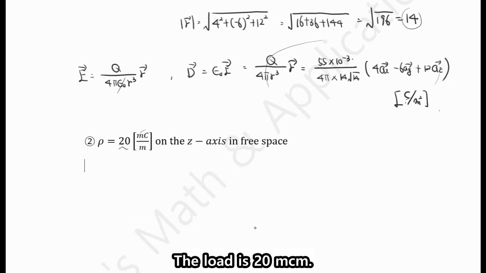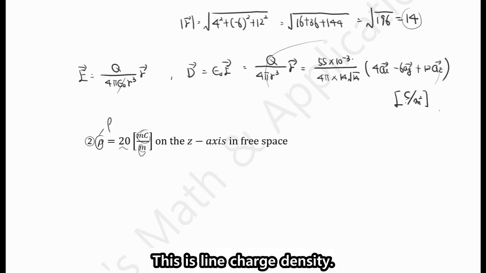The line charge density is 20 millicoulomb per meter. The unit is millicoulomb per meter. This is line charge density.